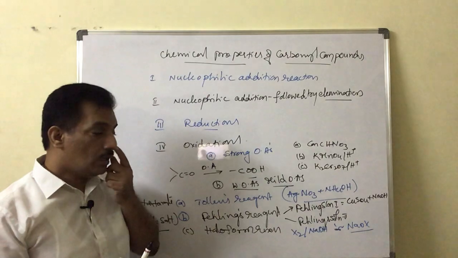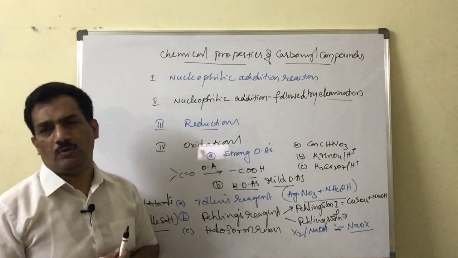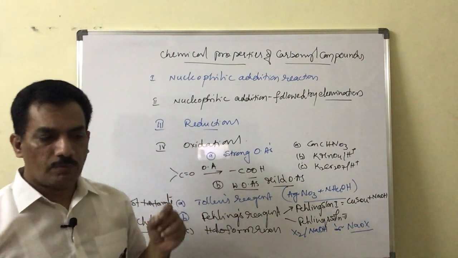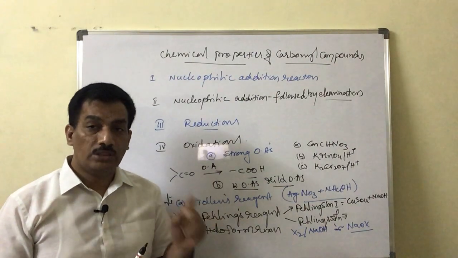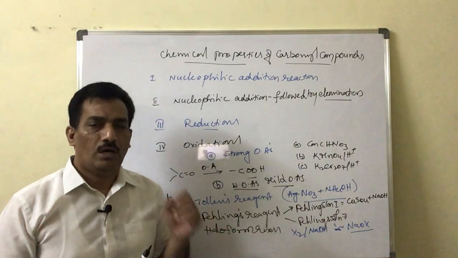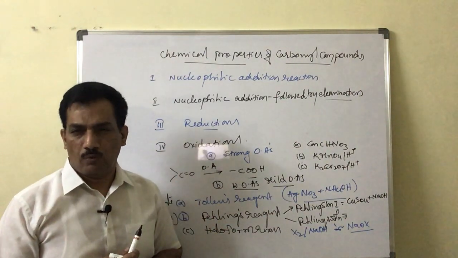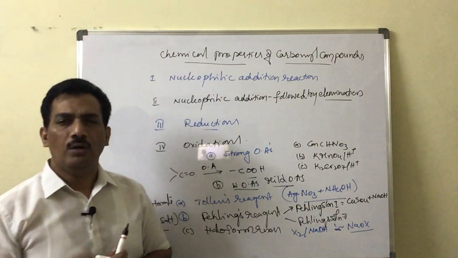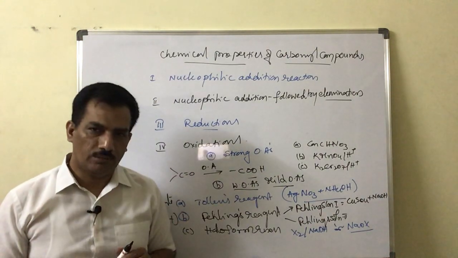X2/NaOH results in NaOX. So that is the reagent which gives the haloform test when the aldehyde or ketone has a methyl group, that is, methyl ketones or a methyl group present along with the CHO group. Then they are able to give the haloform test. It is also one kind of oxidation.